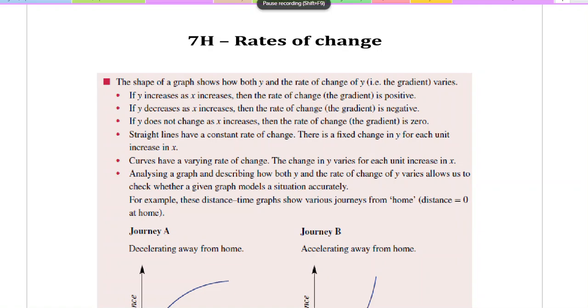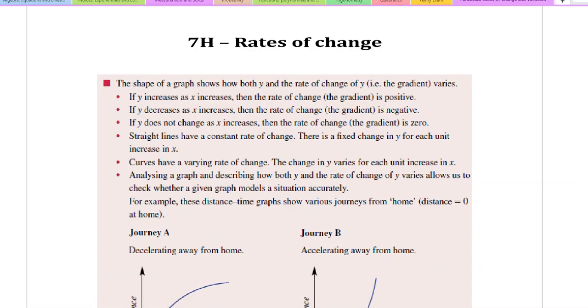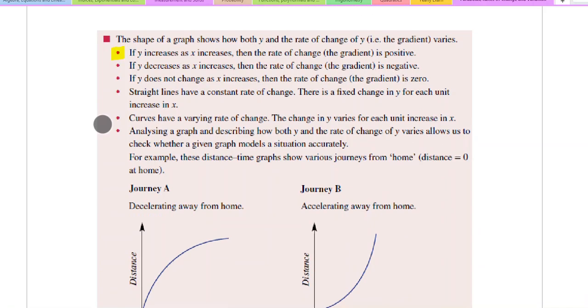Hello Year 10. Today we are looking at rates of change. The shape of a graph shows how both y and the rate of change of y, which is the gradient, varies. If y increases as x increases, then the rate of change, which is the gradient, is positive.